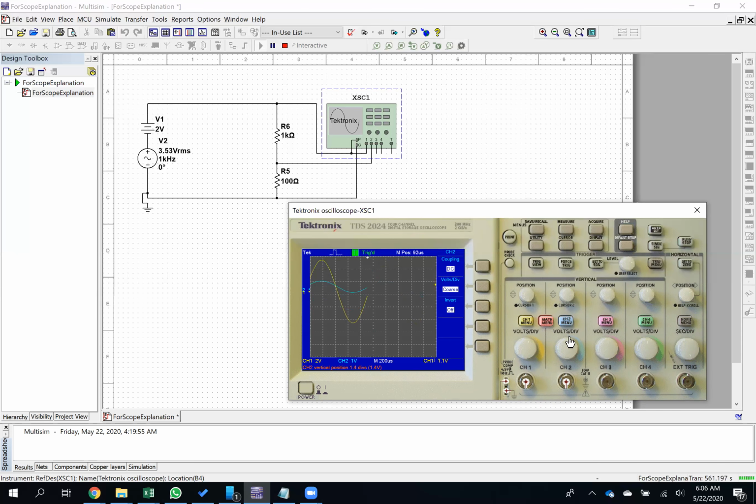So volts per division, I'm going to set also to 2 volts. So now both channels have their volts per division the same. And the reason I set them the same is because I want to use the math menu. If I do channel 1 minus channel 2, I can get this voltage here. But to do that, I need both channel 1 and channel 2 to have the same volts per division.